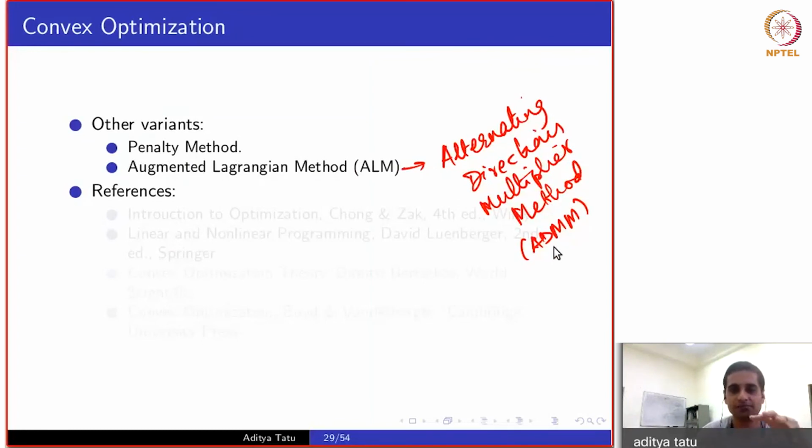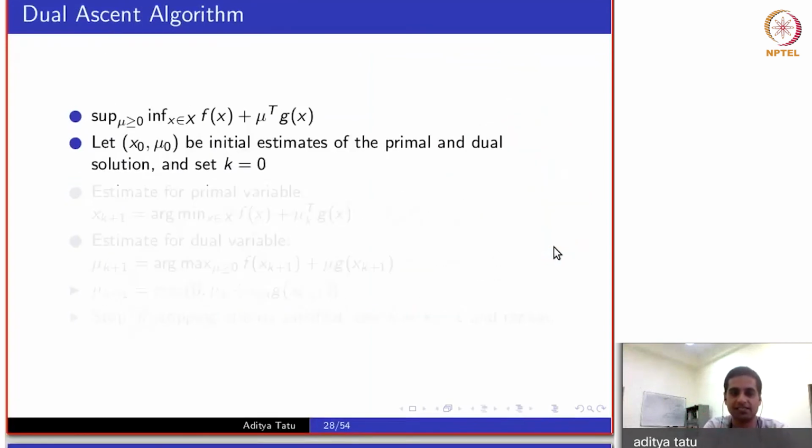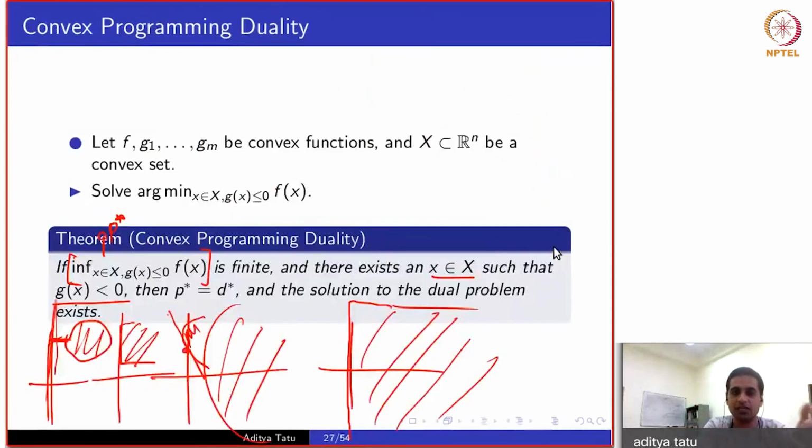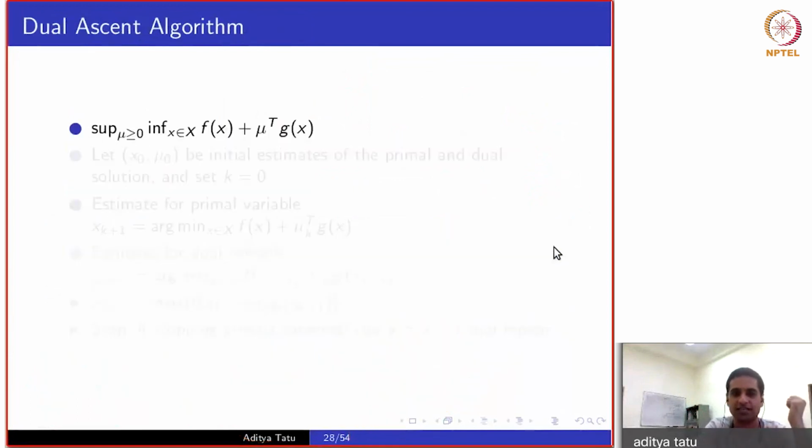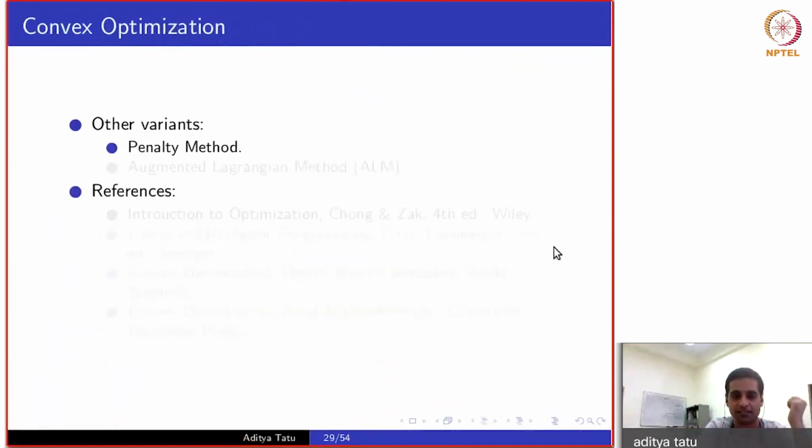Okay, so that is basically what I wanted to tell you about convex optimization. There are several theorems for strong duality. One set of conditions is convexity, as I've stated here, but strong duality can hold for several other conditions also. This is not the only condition, and of course, given the time, I will not go into several other conditions.